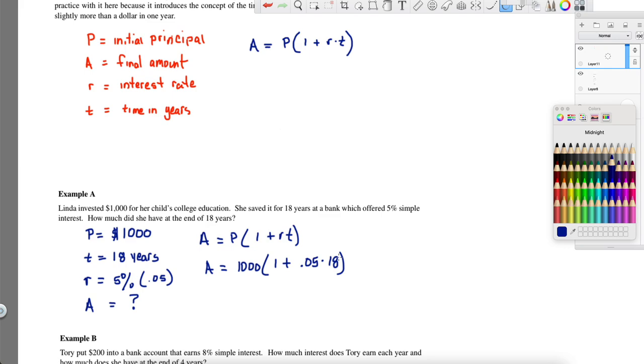I'm going to write 1,000 parentheses 1 plus 0.05 times 18 close parentheses, and we get 1,900. So it almost doubled.